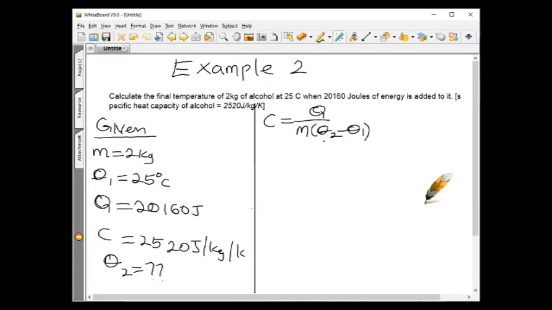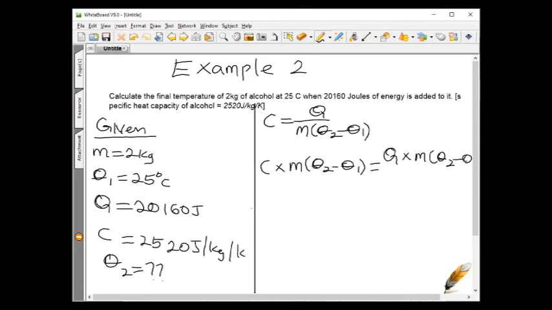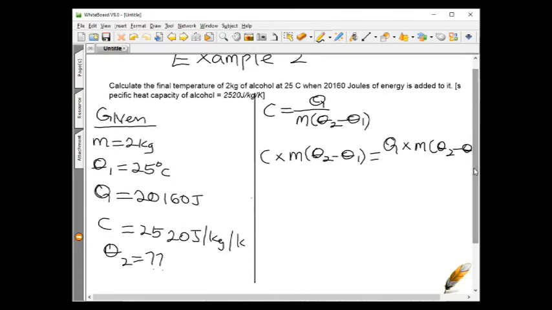Let's say we multiply both sides by m into the bracket of theta 2 minus theta 1. That would be c times m into the bracket of theta 2 minus theta 1 equal to Q times m into the bracket of theta 2 minus theta 1, all over m into the bracket of theta 2 minus theta 1. Then all this we cancel.